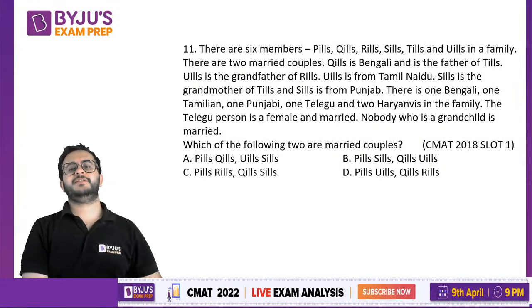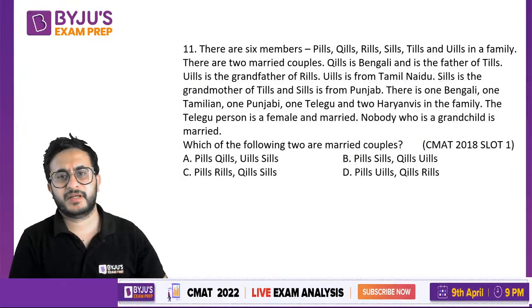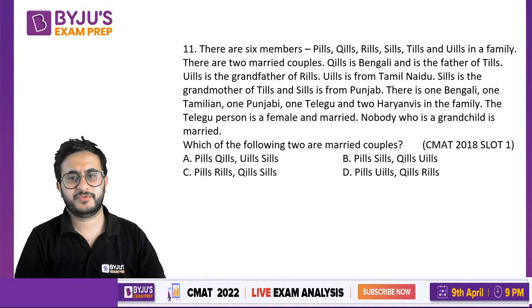There are 6 members PQRSTU in a family, and some blood relations are given to us. We have to tell which are married couples.